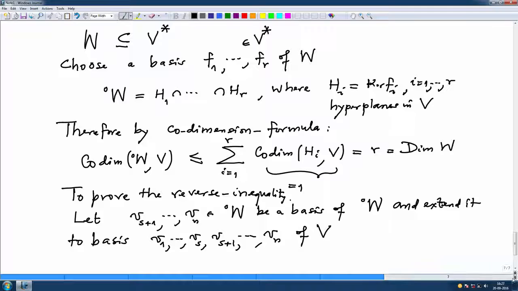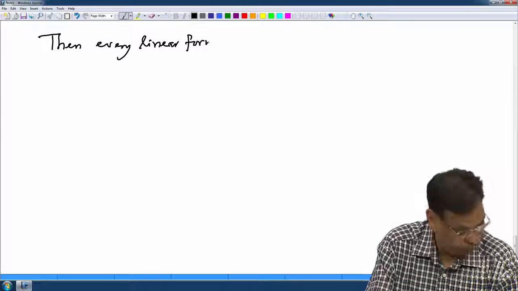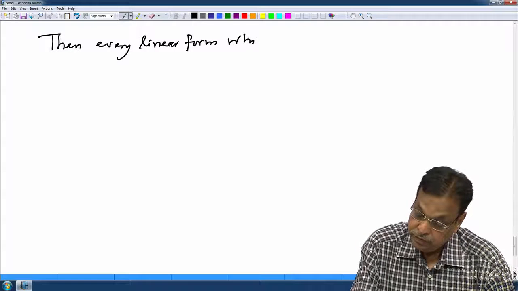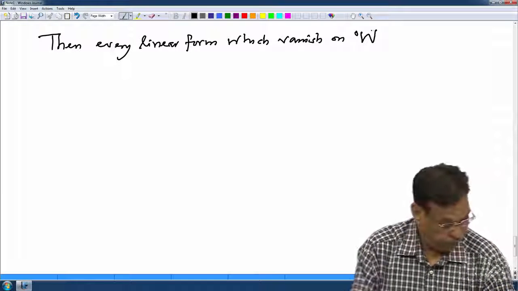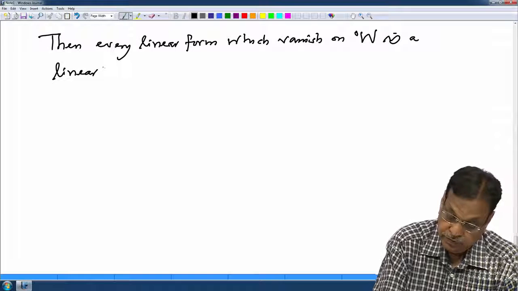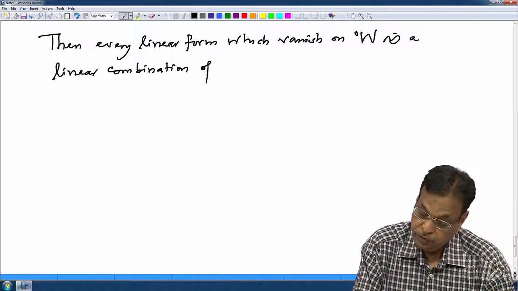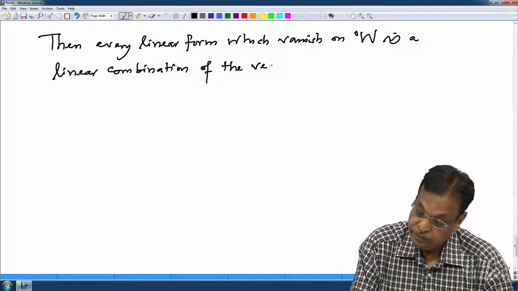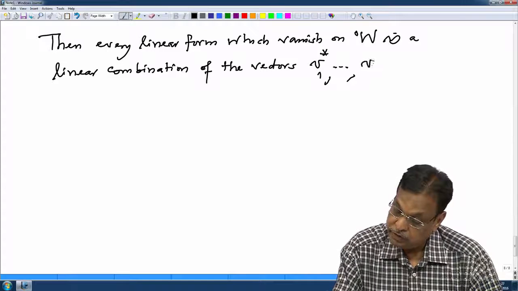Then, by what we just proved above, every linear form which vanishes on left circle W is a linear combination of the vectors V1 star to Vs star.